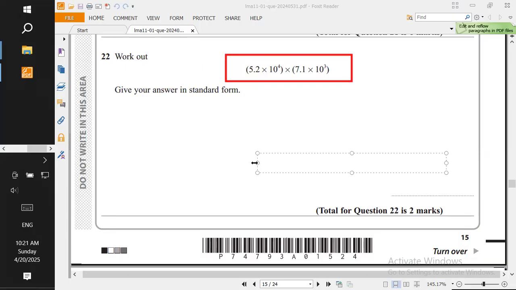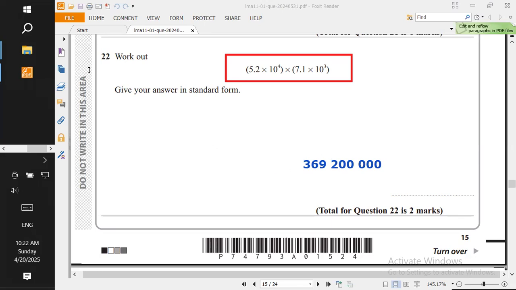Remember to go down from the power, close bracket, and then multiply by bracket 7.1 times 10 power of 3, and then go down from the power and close the bracket. This gives me 369,200,000. So this is the final answer that will come to you after you multiply all of this in the calculator.